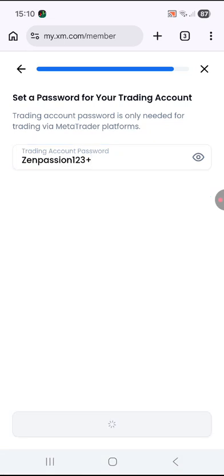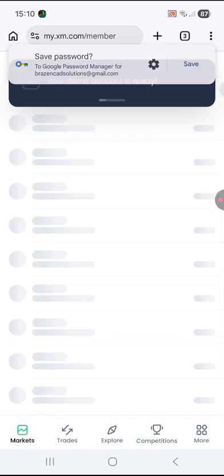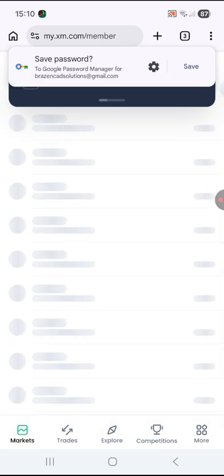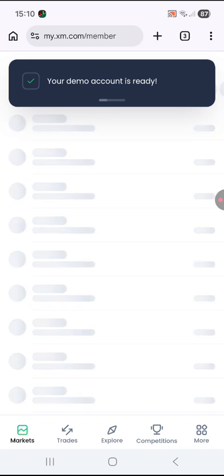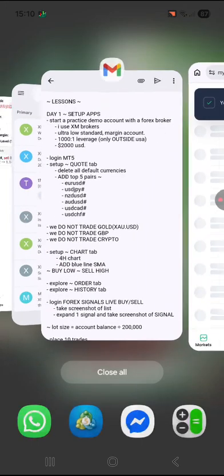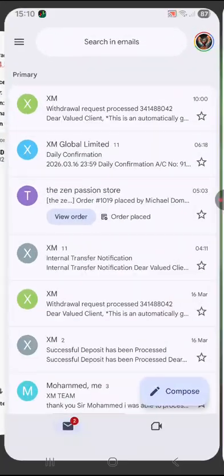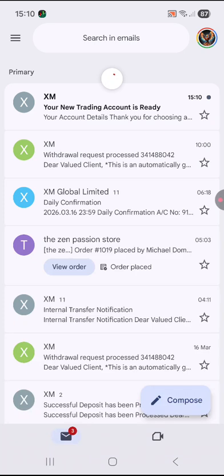So it is now creating a MetaTrader demo account for me. My demo account is ready. Okay. I believe they sent me an email here, so I'm going to check my email. There, my new trading account is ready.